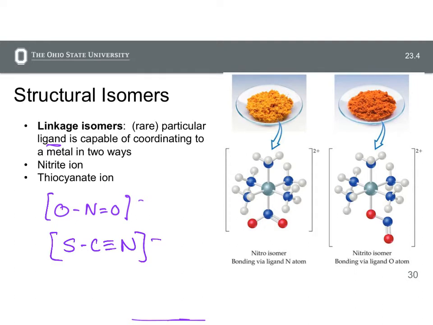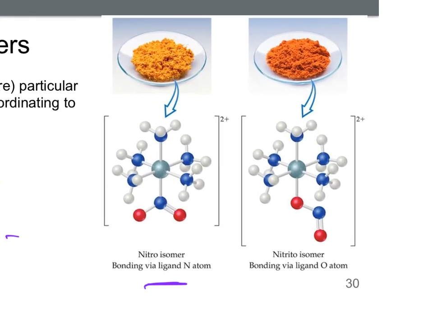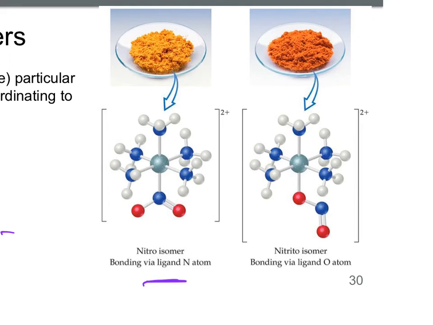So structural isomers, because of the different atoms that are in these ligands that can bond, they can bond to the central metal atom in different ways. So here are 2 structures for the isomers with the nitrite ligand. We'll have our central metal atom, and these are ammonia molecules, NH3.